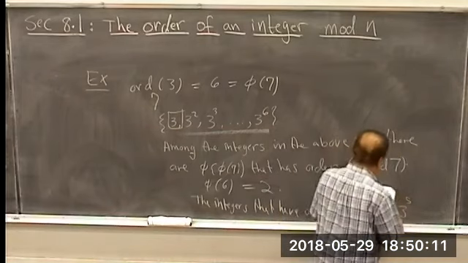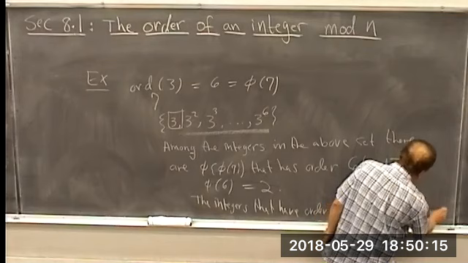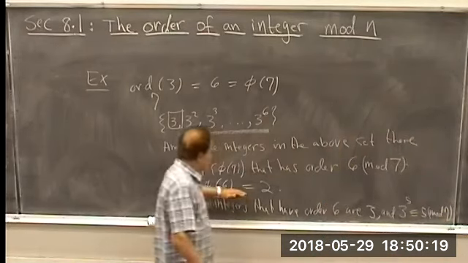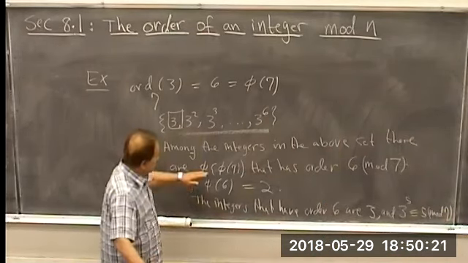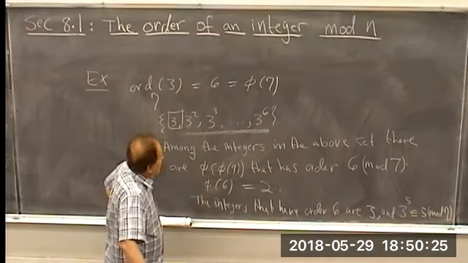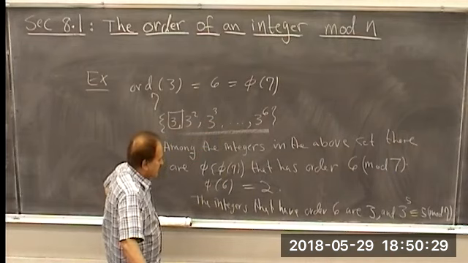And 3 to the 5th happens to be congruent to 5 mod 7. So only 2, and this does agree with the counting number phi of 6. But you can check the other ones. They're going to have order less than 6.